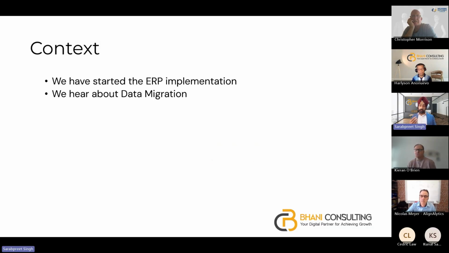While they started the implementation, the vendor mentioned data migration, their role and the expectations to migrate data from their existing systems to the new system, and they feel like it's too much, where to start. They feel lost, overwhelmed, and don't know where to start. So that's the context. The ERP implementation has started, there has been discussion on data migration, and it is too much information. If the client is, or we are feeling on a client side, we're feeling lost.